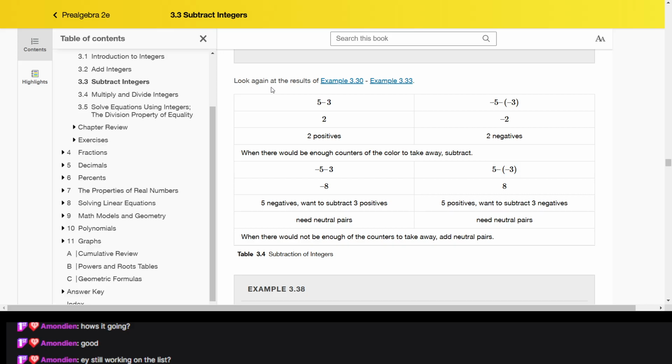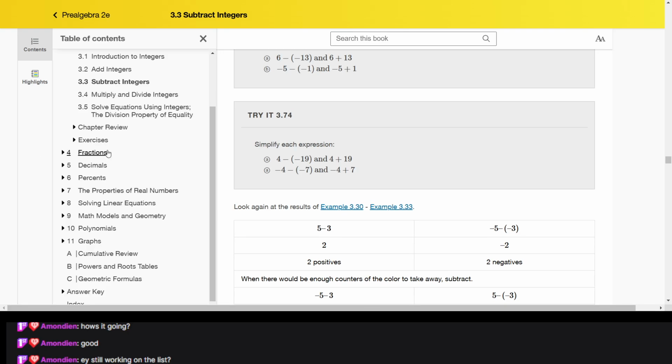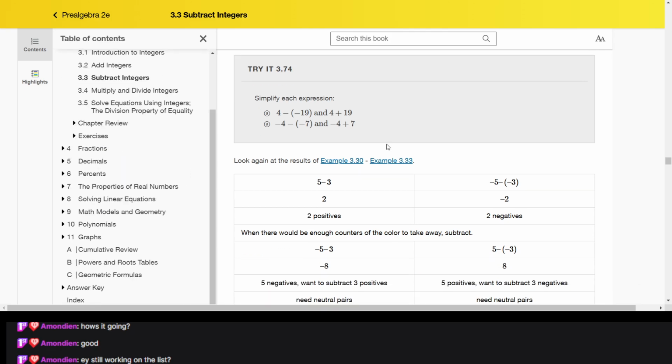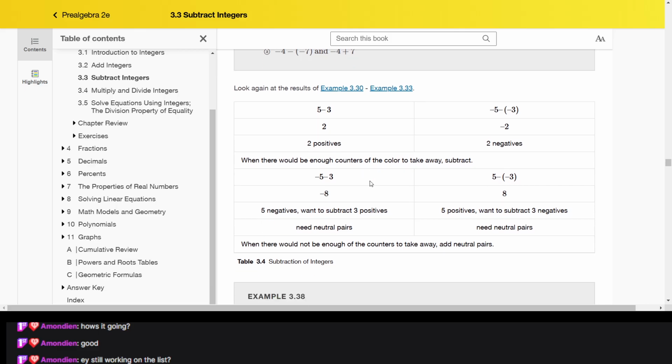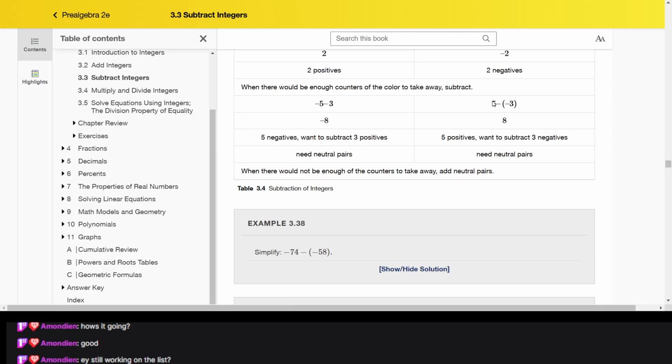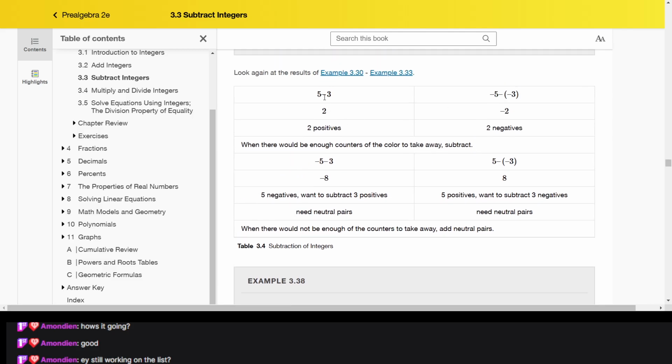Look again at the results of example 3.30, and I'm just looking at 3.33. Wait, what's this?